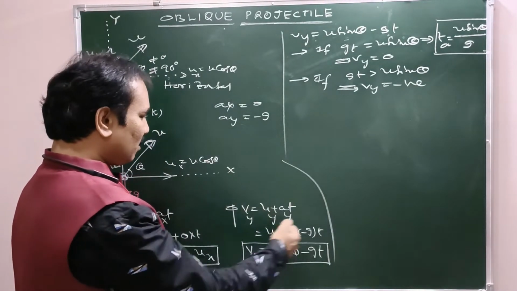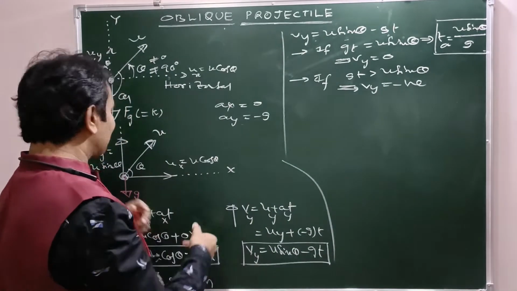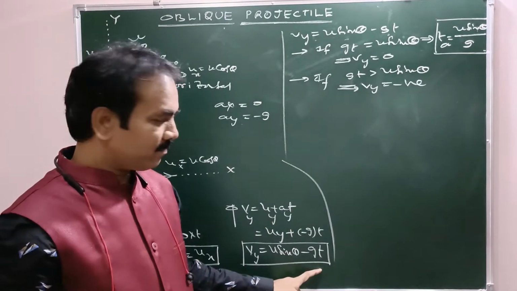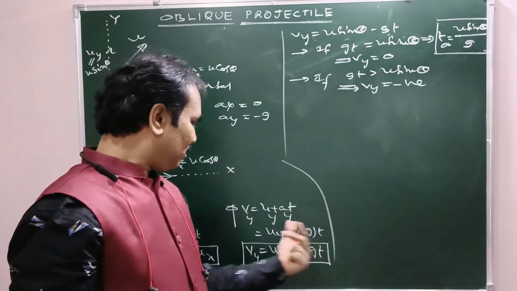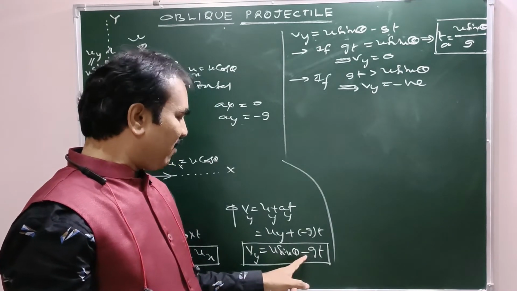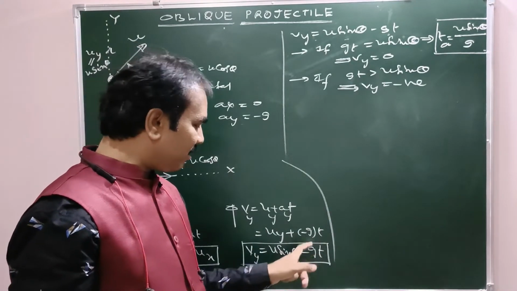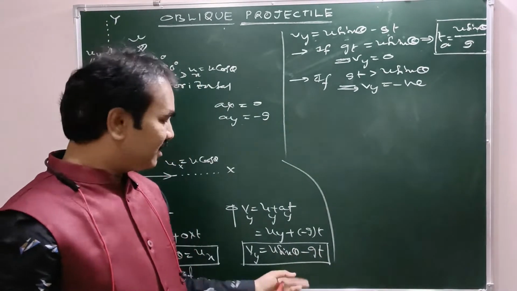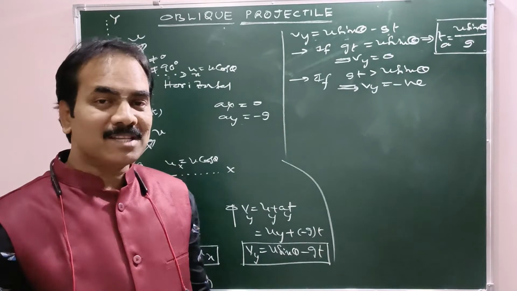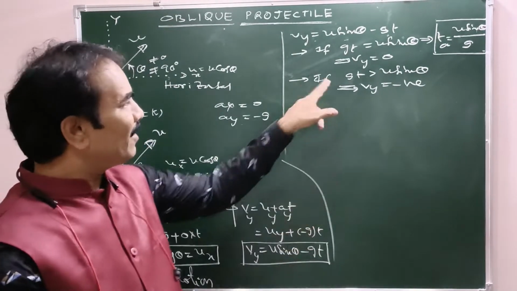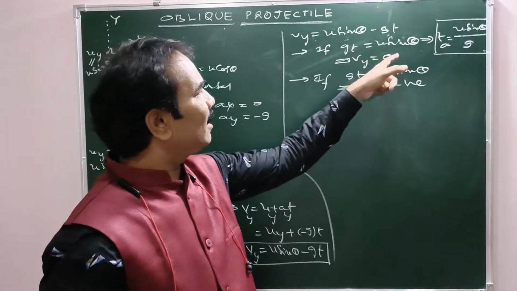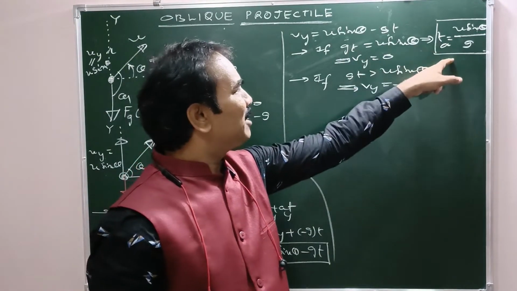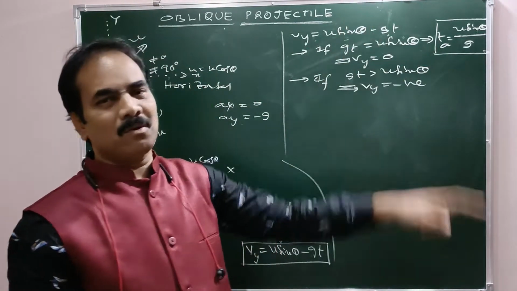As far as the equation of motion along the vertical direction is concerned, we have vy equal to u sin theta minus gt. This equation has a negative sign for gt. So with this negative sign, we came to know that this is equal to a body projected vertically upwards along the y-axis, in which at some instant ta, that is u sin theta by g, the vertical component becomes 0.